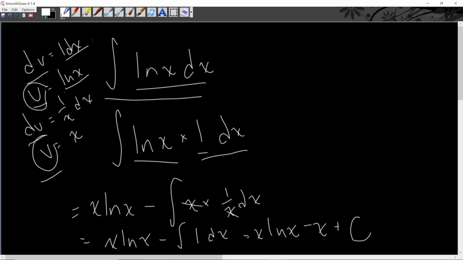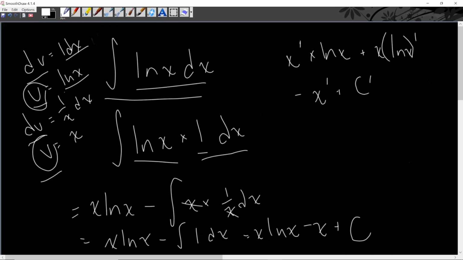We're just going to do the derivative of x ln x minus x plus c just to make sure. So we're going to have x prime times ln x plus x times ln x prime minus x prime plus c prime.